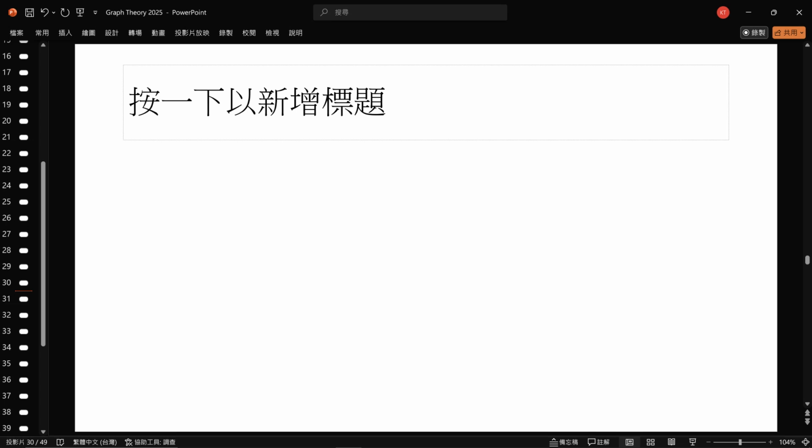The input is just a graph, and the output is a graph G prime such that first G prime is connected, and second G prime and G have the same degree sequence. Okay. So these two questions are actually the same, okay?